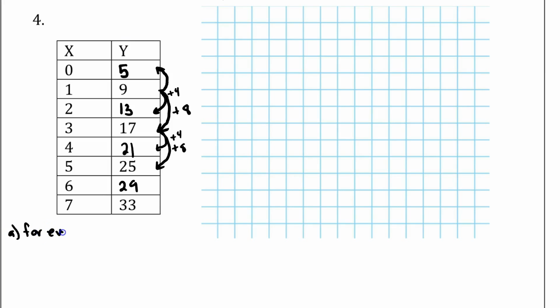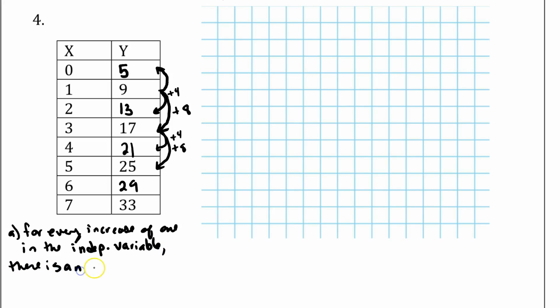for every increase of 1 in the independent variable, there is an increase of 4 in the dependent variable.